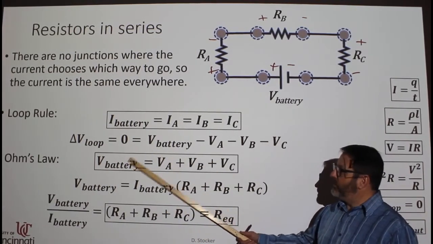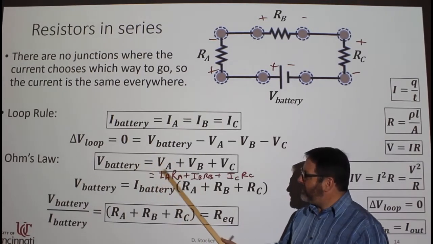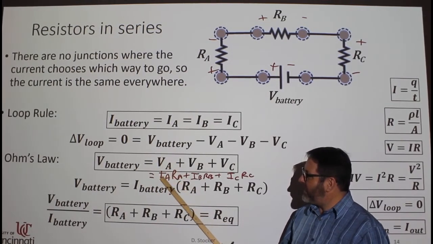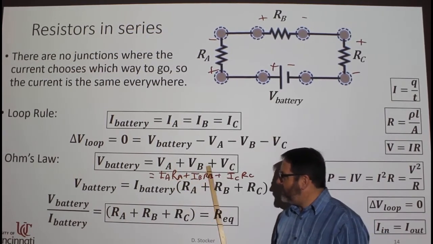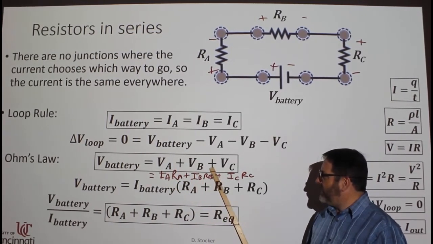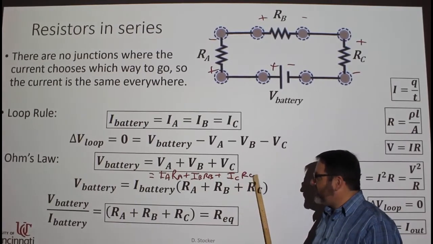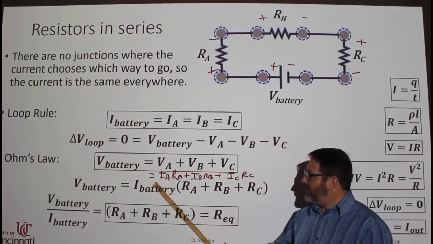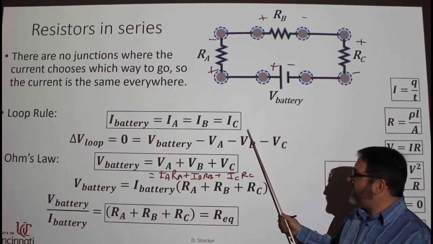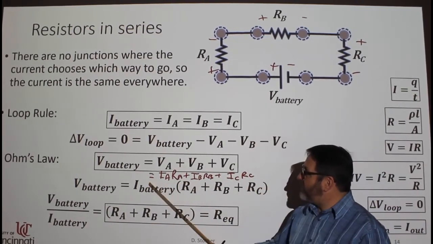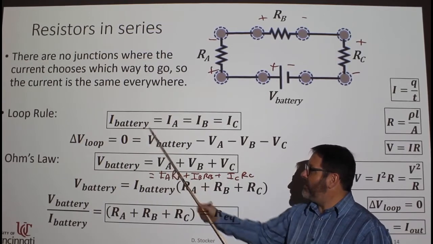Now what if we use Ohm's law? V equals IR, so VA is IA times RA, VB is IB times RB, VC is IC times RC. So V battery is that. But remember, all the currents are the same. So I can factor the current out and just call it I of the battery.